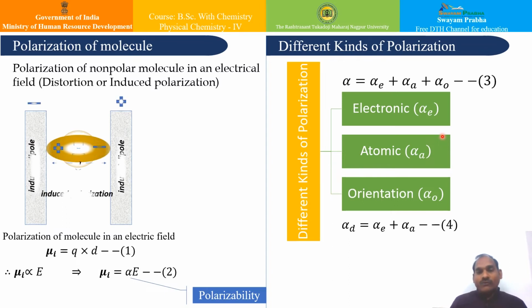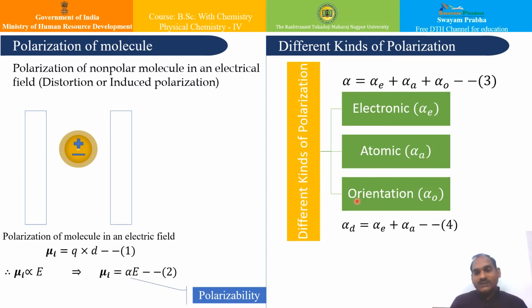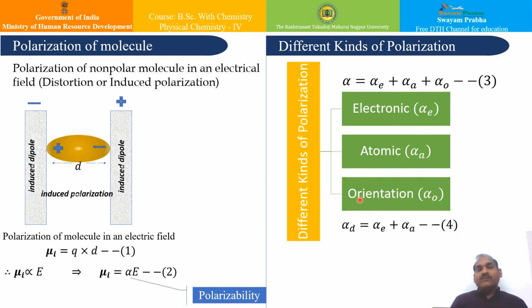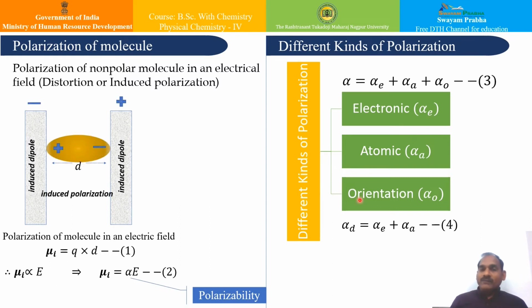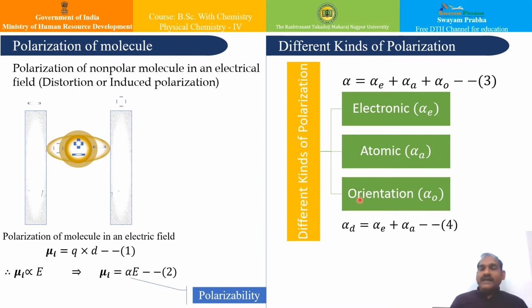In case of orientation polarization, it is operative only when the molecule carries a permanent dipole moment. That is, the electrostatic field tends to orient the molecular dipoles along the field direction, and it is usually represented by alpha 0.